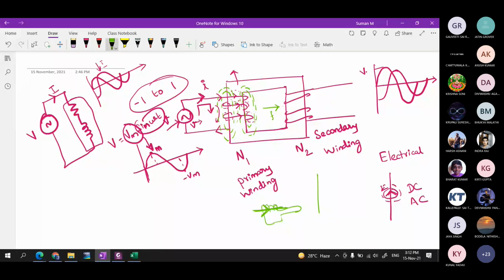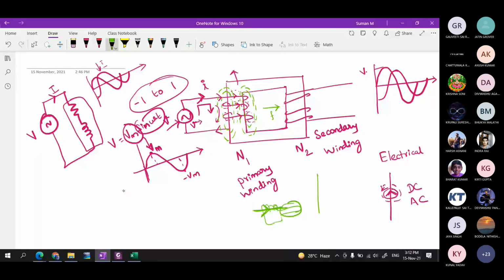So here you are holding the wire with your right hand. Your thumb shows the direction of the current, and your fingers are going to show the direction of flux.